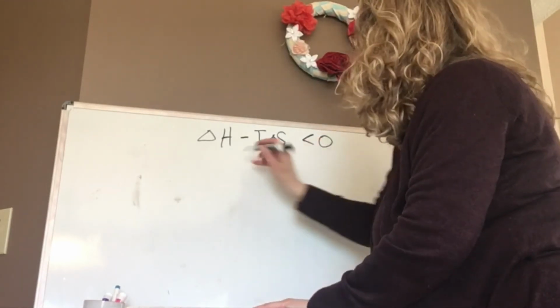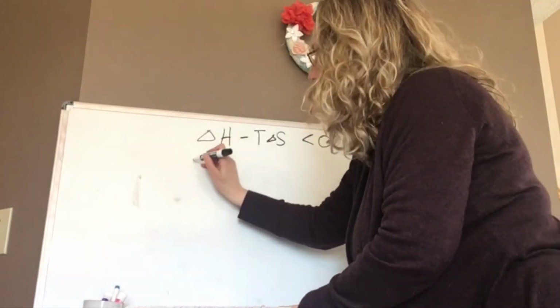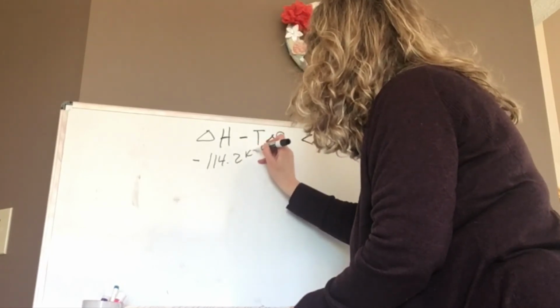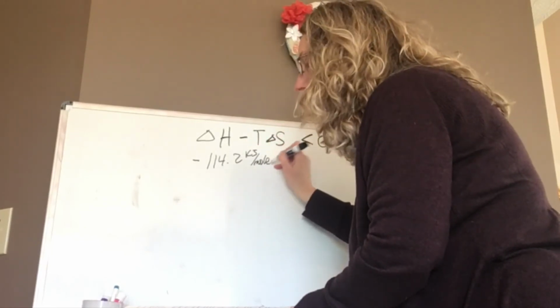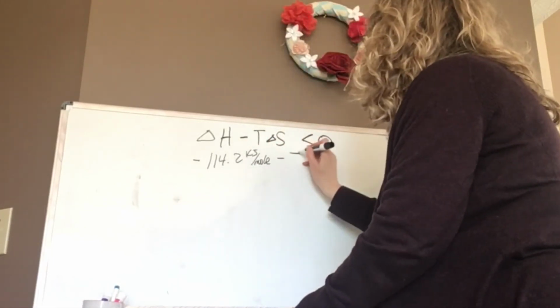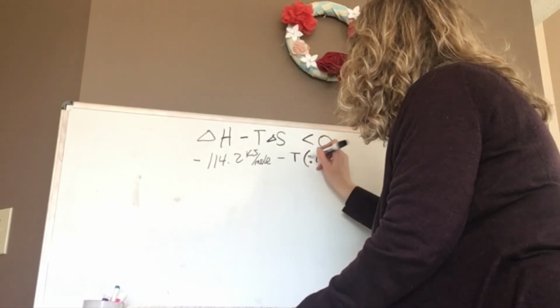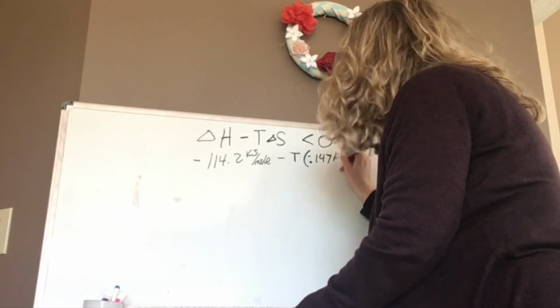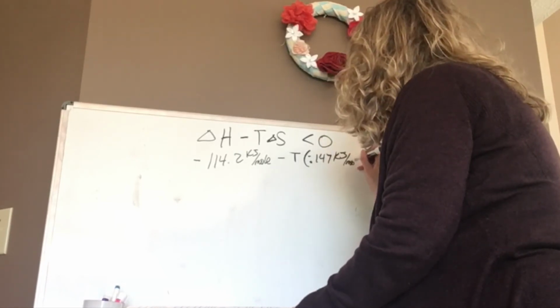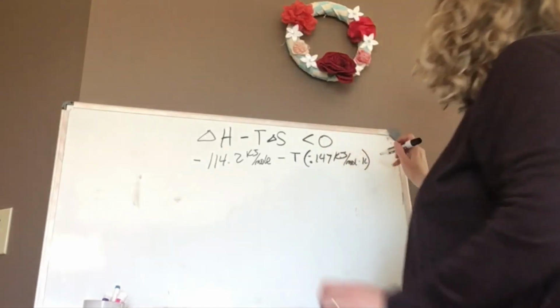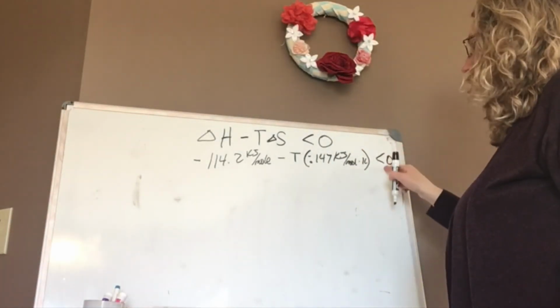I just erased all my numbers: negative 114.2 kilojoules per mole minus the temperature times, what was it, negative 147 kilojoules per mole times K, and that has to get me a negative number, less than 0.